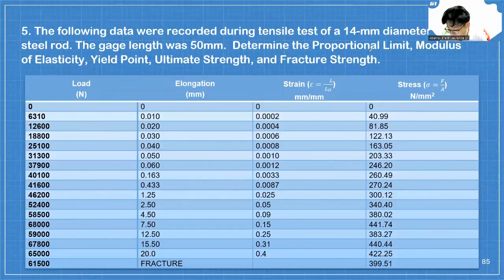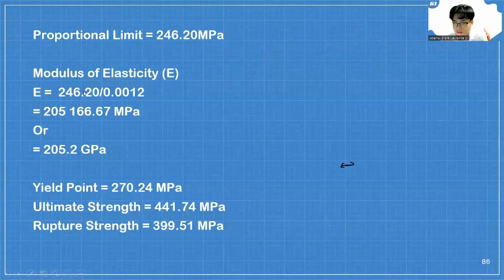Kukunin lang natin yung proportional limit ng stress, and yung strain na counterpart ng ating stress. By using this formula in our next slide, the stress over the strain of our proportional limit, we could get our final answer, which is 205.2 gigapascals. Convert lang.